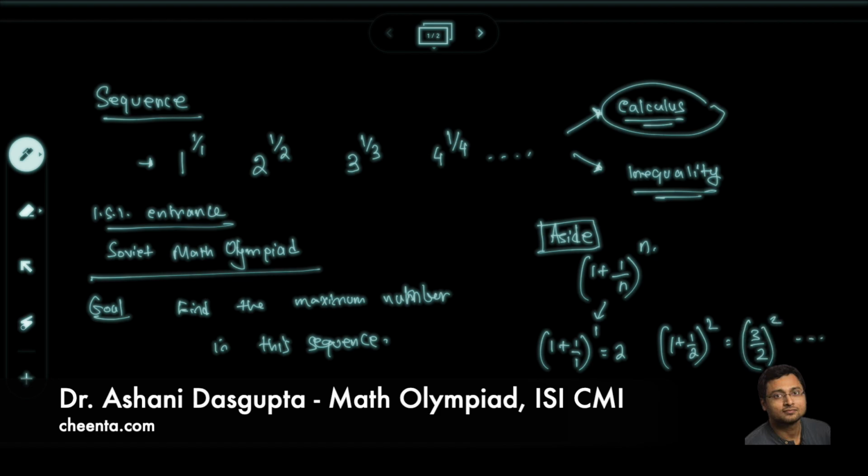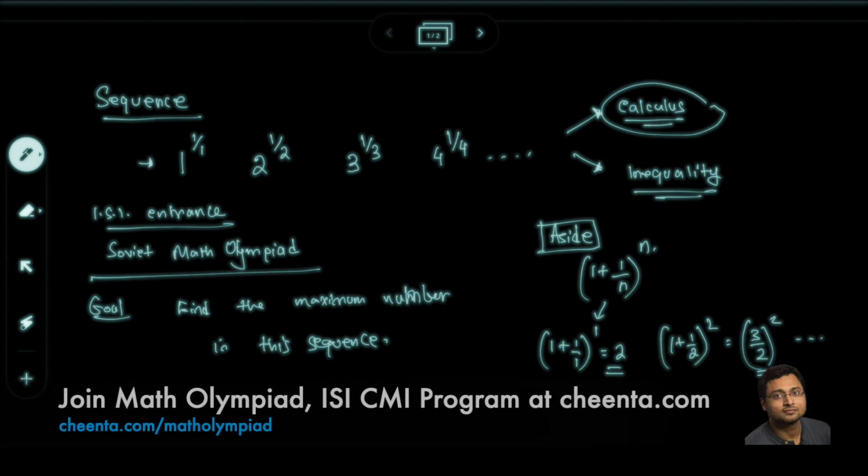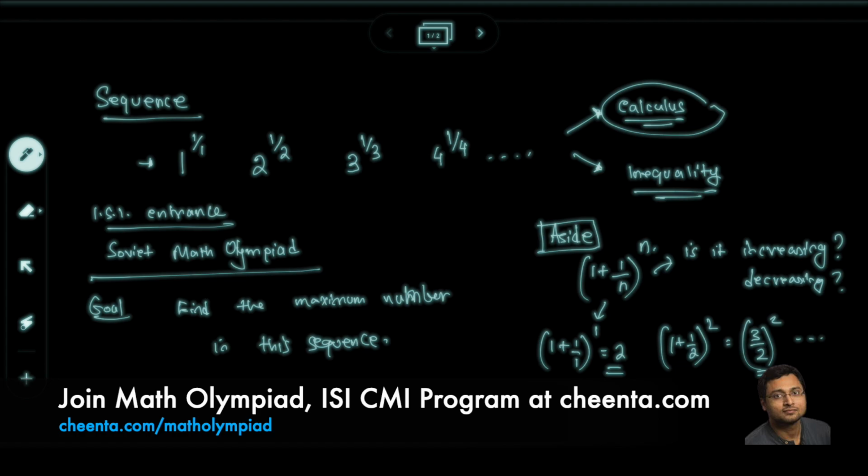If you look at this particular sequence, can you say, is it increasing, decreasing, or maybe it's wavy? That is, it first increases and then decreases, or first decreases and then increases, and so on. This is a very important historical inequality.